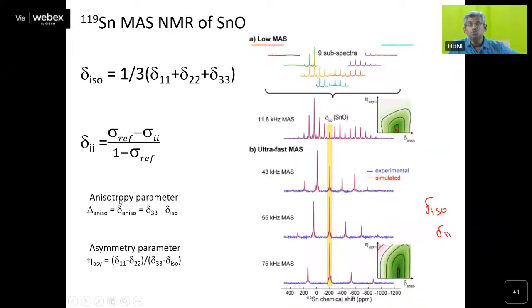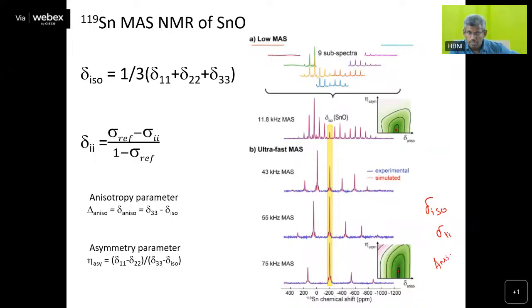Another parameter is the anisotropy parameter. People write it as capital delta aniso, or sometimes small delta aniso. It is given by sigma 33, which is the highest value, minus isotropic. So anisotropy is also an important parameter.